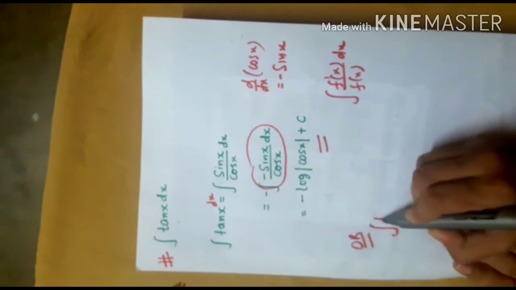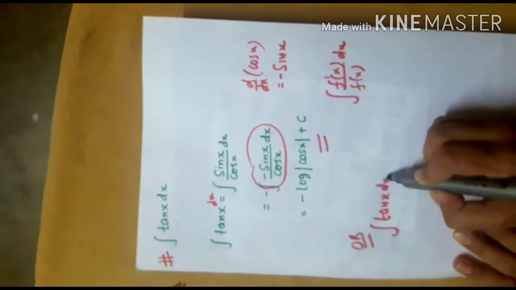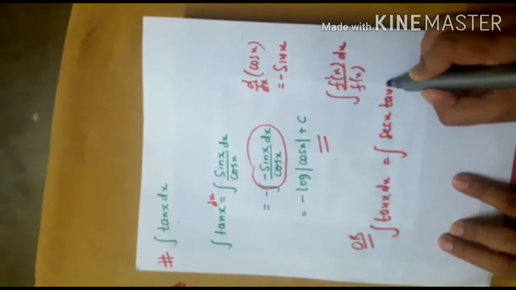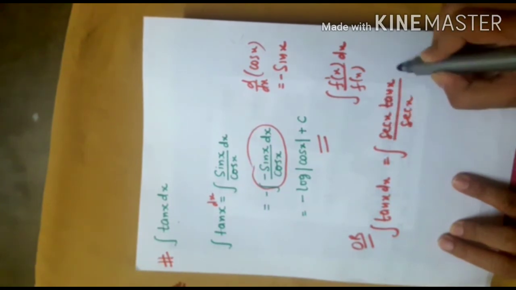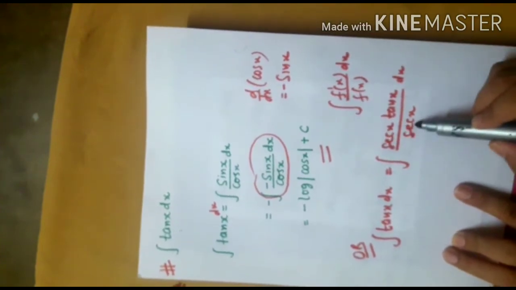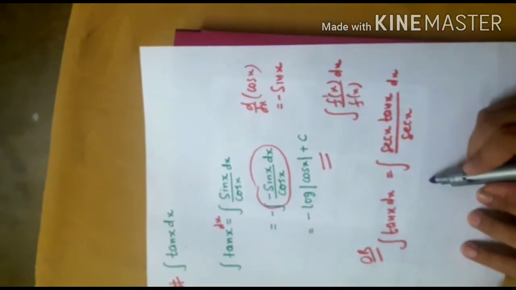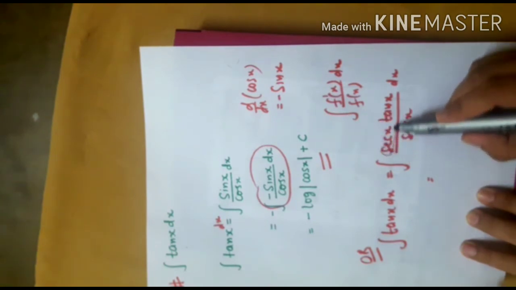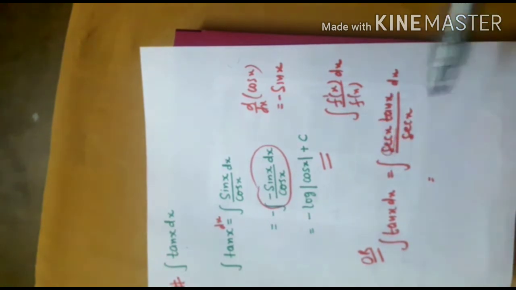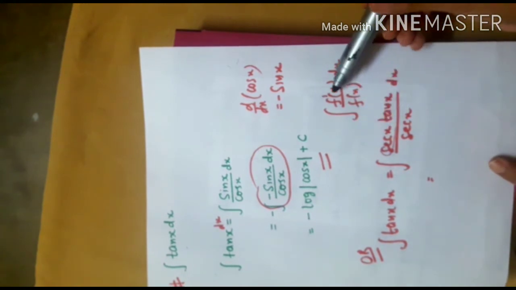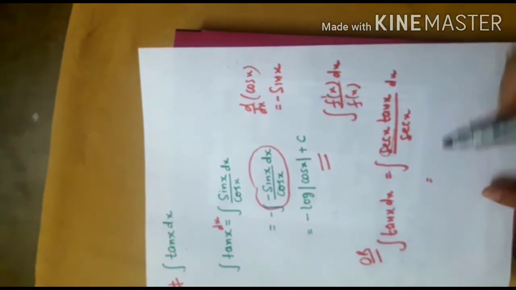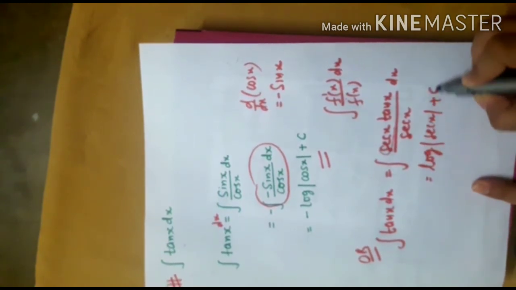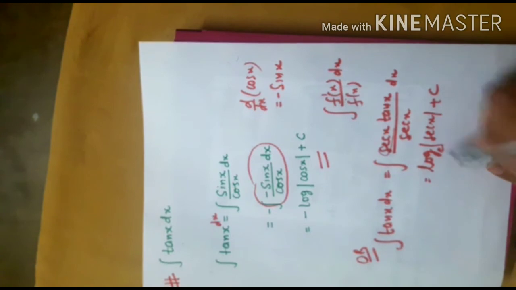I can also write integral tan x dx as integral secant x tan x over secant x. Multiply and divide with secant x. Now what is the derivative of secant x? It is secant x tan x. So again it is of the form f dash x over f x. So the integral will be log of the denominator, that is log secant x plus c.